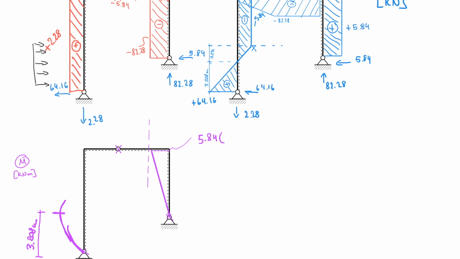It's 4.5. So 4.5 meters. Right? And so the value at that corner is actually negative, by the way. And so that is negative 26.29.